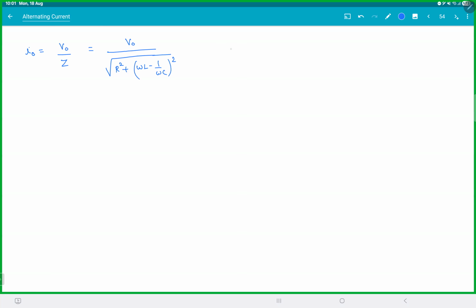So we define something called a resonant frequency. Omega will only mess up that impedance. If omega L minus 1 by omega C becomes 0, we get omega is 1 by root LC. This is called the resonant frequency. So you can actually change the current in the circuit by messing with the frequency without changing any elements.